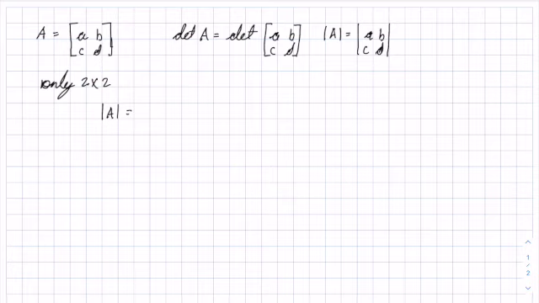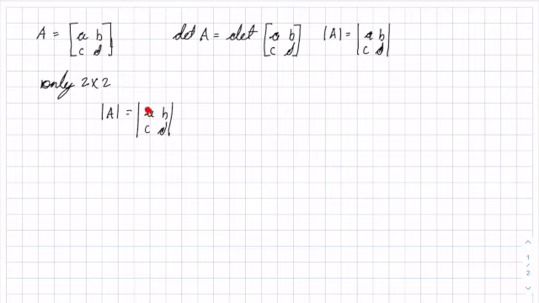Either way, it works, but the absolute value sign just makes it easier than writing out DET. So the determinant of matrix A, B, C, and D is actually pretty simple.